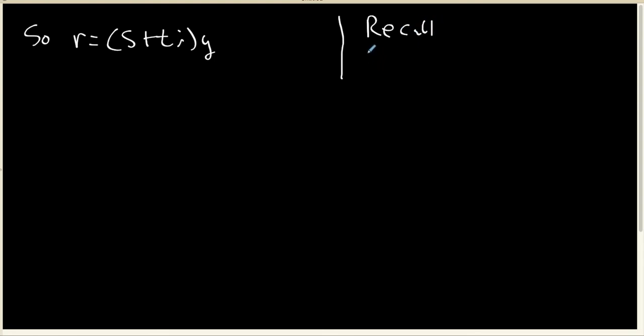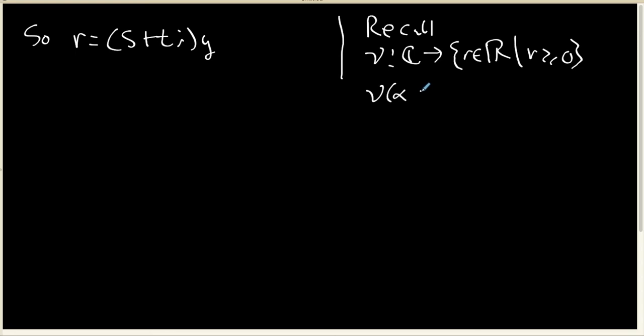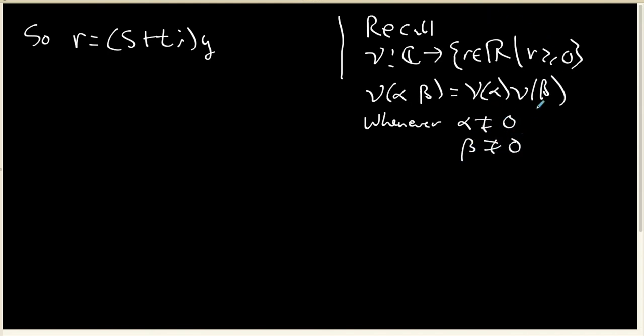So we already know that r is equal to (s plus ti) times y, and I want to recall that if I think about nu as going from the complex numbers to the set of non-negative real numbers, that nu of alpha times beta is going to be nu of alpha times nu of beta whenever alpha and beta are both not 0. That was from the first video.